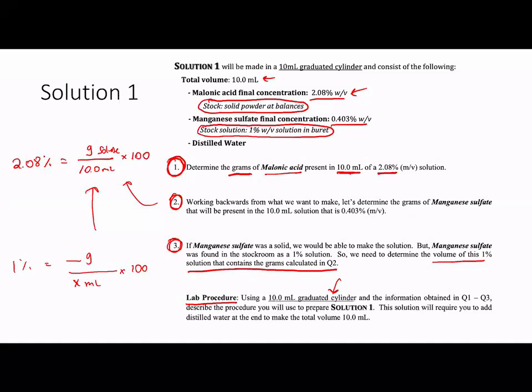So how would you go about making this solution in the lab? Remembering that you have distilled water as well. So we have water that we can add up to, after you've added the volumes necessary for each one of these two, then you would add distilled water to complete and make this a final volume of 10 milliliters.